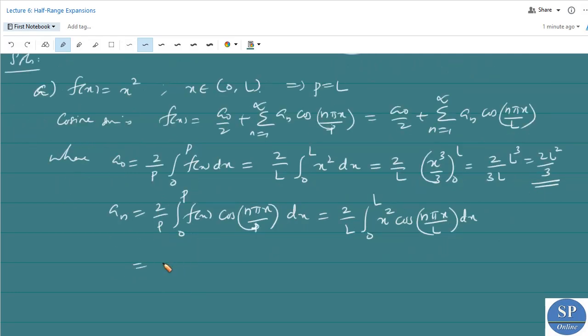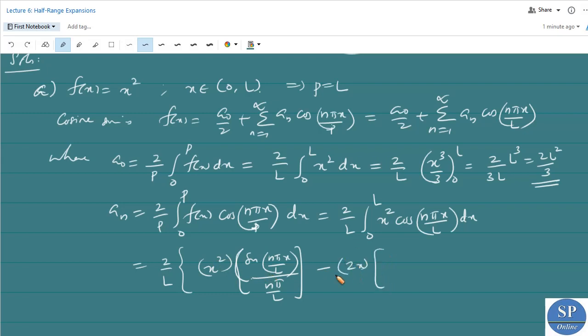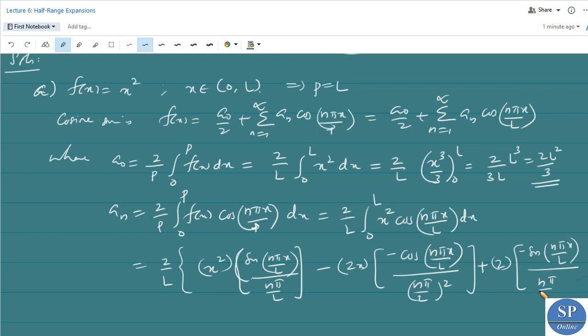So this is equal to 2 by L into integral of the first function into integral of the second, that is sin n pi x by L divided by n pi by L, minus derivative of x square, that is 2x, into integral of this, that is minus cos n pi x by L divided by n pi by L whole square, plus derivative of 2x is 2 into integral of this, that is minus sin n pi x by L divided by n pi by L whole cube. So this is from 0 to L.